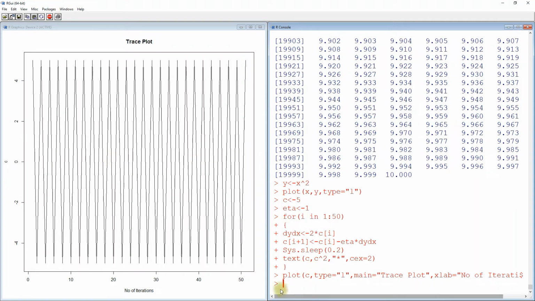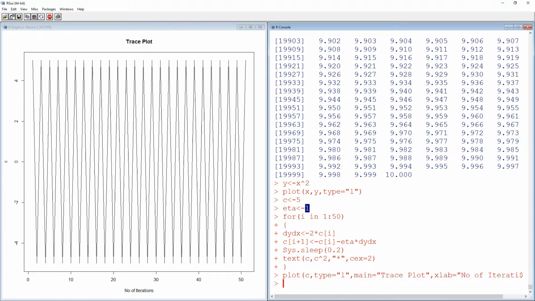Now I'll do the same thing. I'll just copy paste that line of code, but I will add something to the code. Don't worry about that. I'm just going to do the amendment in my code and run it again with a value of 0.2 for the eta, with the system sleep to be small now because I don't need it to be fast.